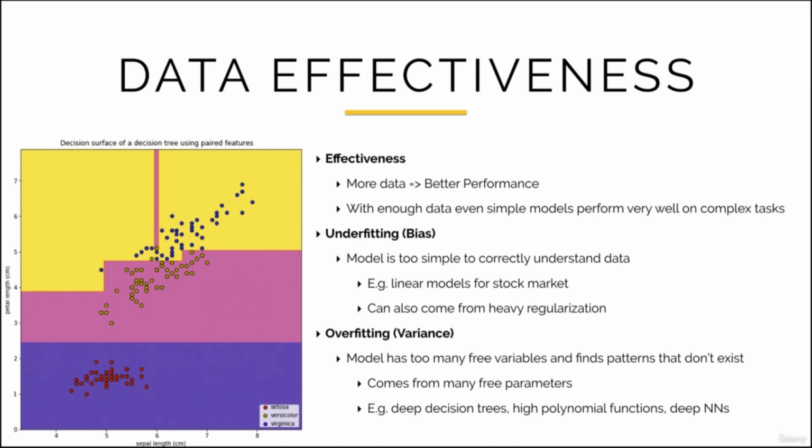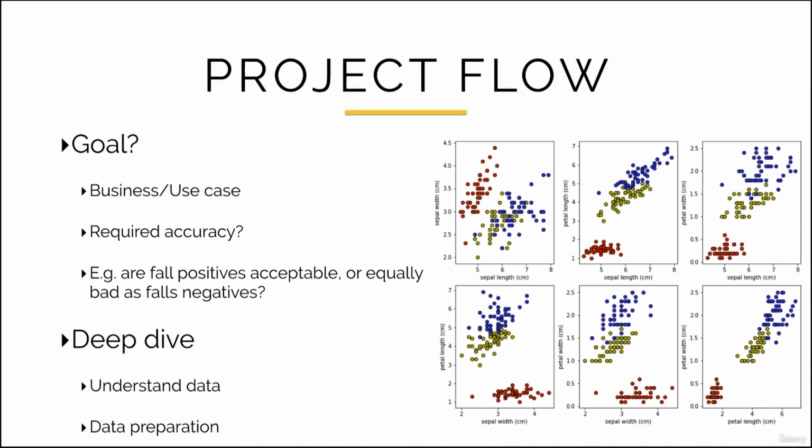And my point here is that even for these very simple data sets, overfitting can become a problem if you leave your model too much freedom and just let it go off on its own without controlling it.